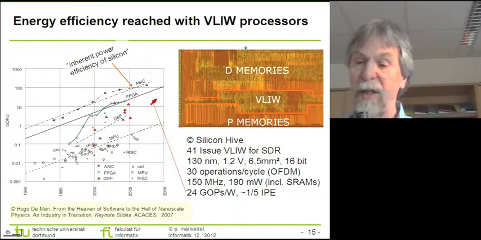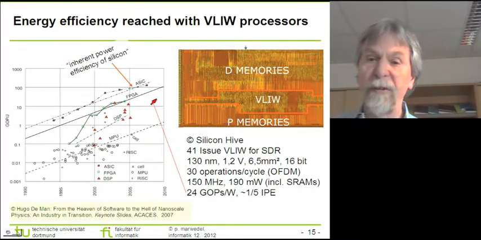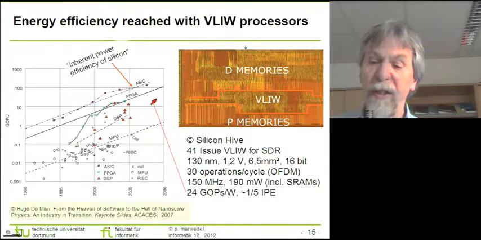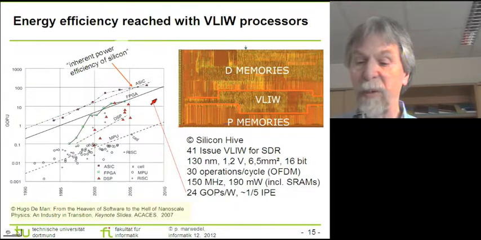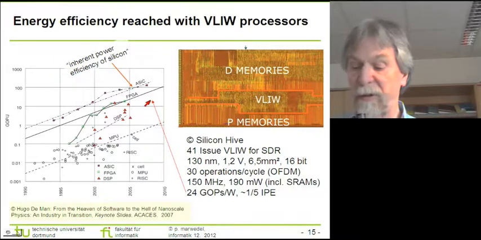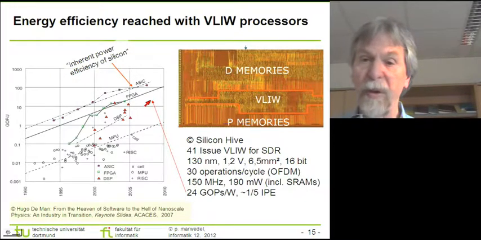And this means that with VLIW processors, we can show that it is feasible to obtain a power efficiency which is close to the power efficiency of ASICs, but still we have flexibility, still we have programmability of the underlying architecture.